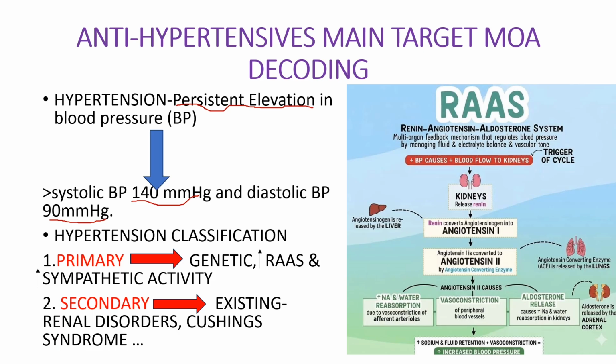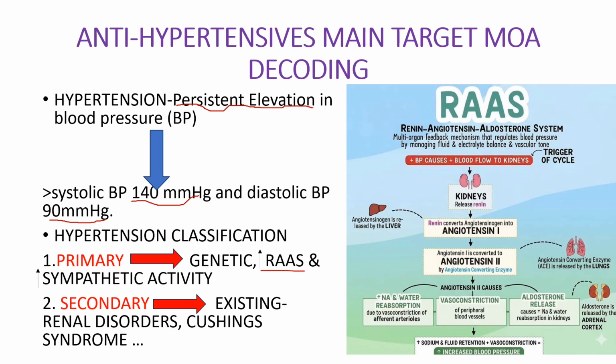So they are classified on the basis of the cause, which we call etiology. On the basis of etiology, these are classified into two: primary and secondary. Primary involves genetic factors, increased RAS, that is our renin angiotensin aldosterone system, which we'll discuss soon, and increased sympathetic activity, which involves exercise, running, etc. All these will lead to primary hypertension.